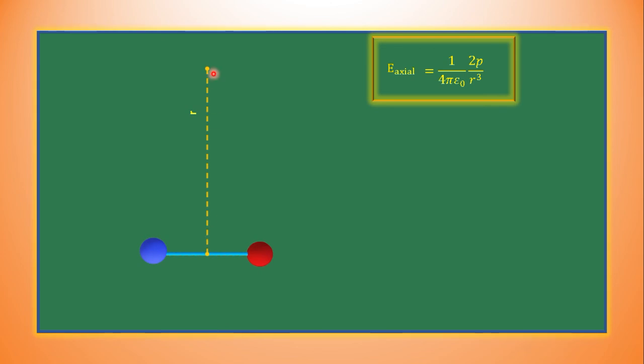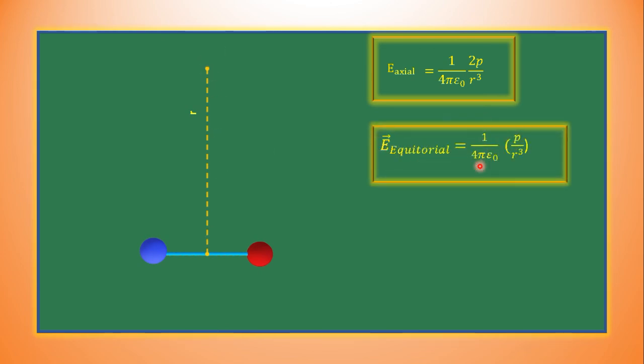Now, the electric field at this point is given by E equatorial equal to 1 by 4 pi epsilon 0 p by r cube, and I assume that my dipole is an ideal one. Suppose I am taking the ratio of the electric field at this point to this point, I'll get E axial by E equatorial equal to 1 by 4 pi epsilon 0 2p by r cube over 1 by 4 pi epsilon 0 p by r cube, and I will get 2. This is an important problem that we should have for examinations. That's all.